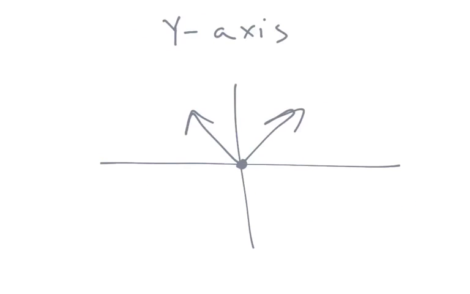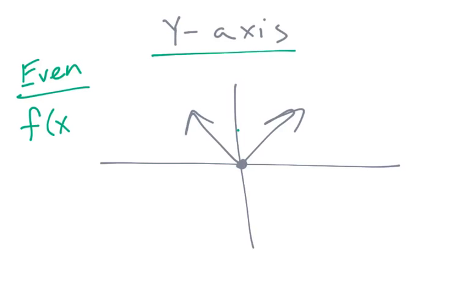Symmetrical with the y-axis actually means it's even. I would encourage you, if you don't know what even means, to watch the previous video, which talks about what even means. But even is usually defined as f of x equals f of negative x, which is just a fancy way of saying whatever I go to the right or to the left, the y value is the same.